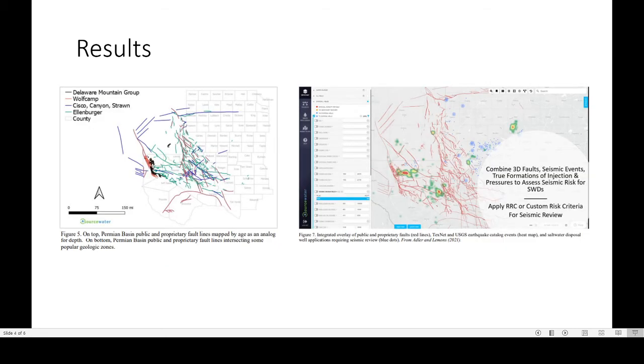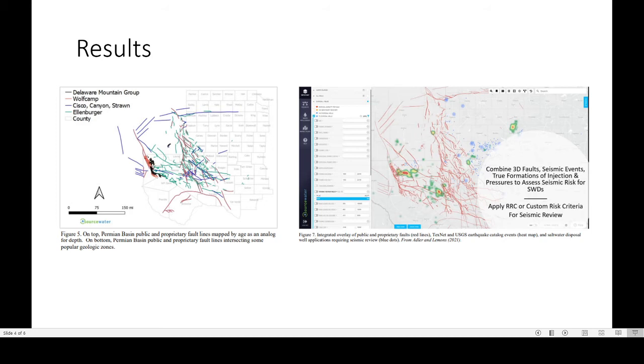Here are some of the results from this integration of work. The figure on the left represents Permian Basin public and proprietary fault lines mapped by age as an analog of depth. The fault lines intersect some popular geologic zones, and they're all color-coded at the very top left.